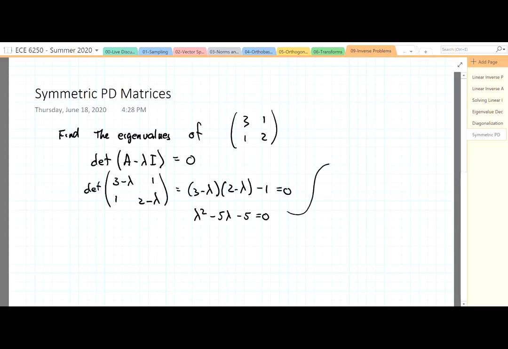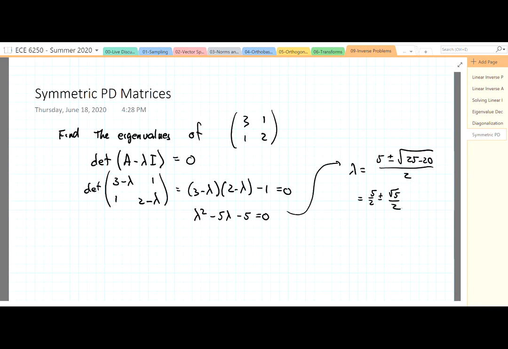And from there, lambda is equal to negative b plus or minus the square root of b squared minus 4ac all over 2, which is 5 halves plus or minus the square root of 5 over 2. And so there are the eigenvalues.